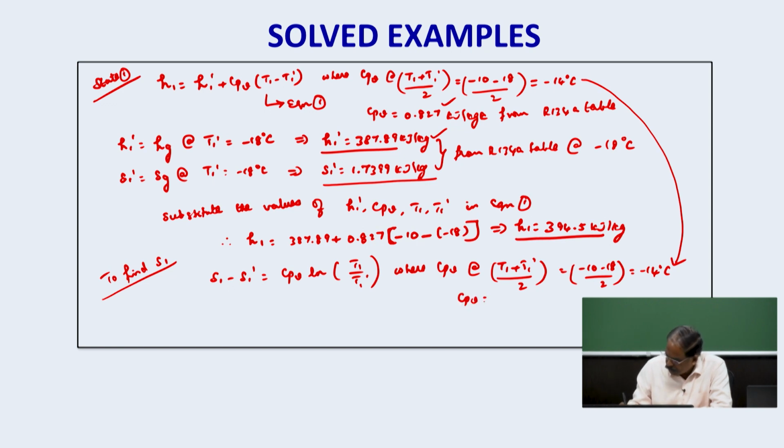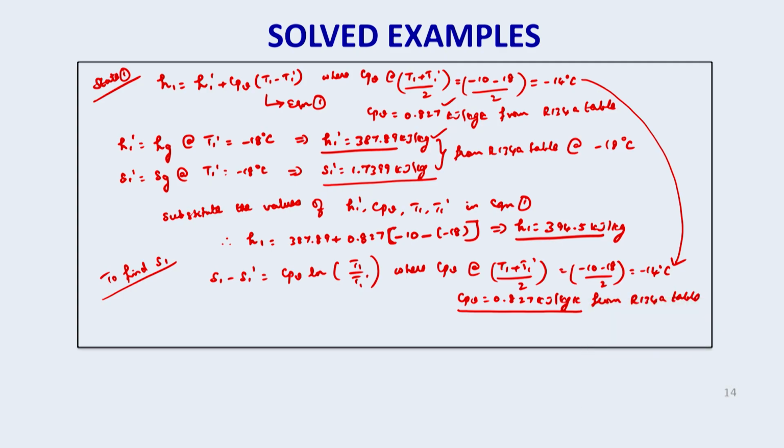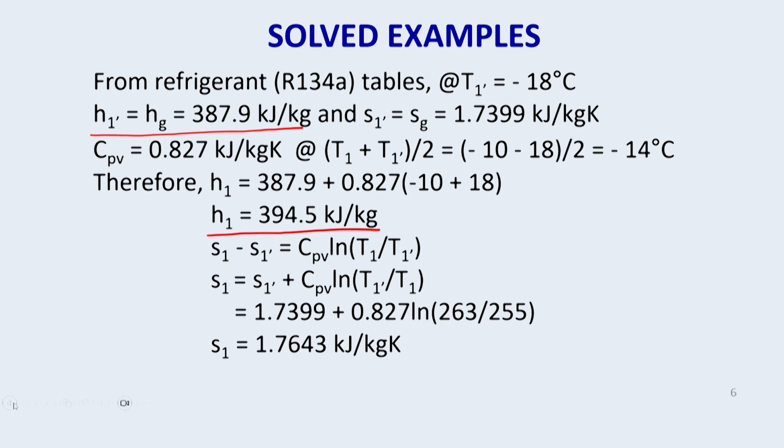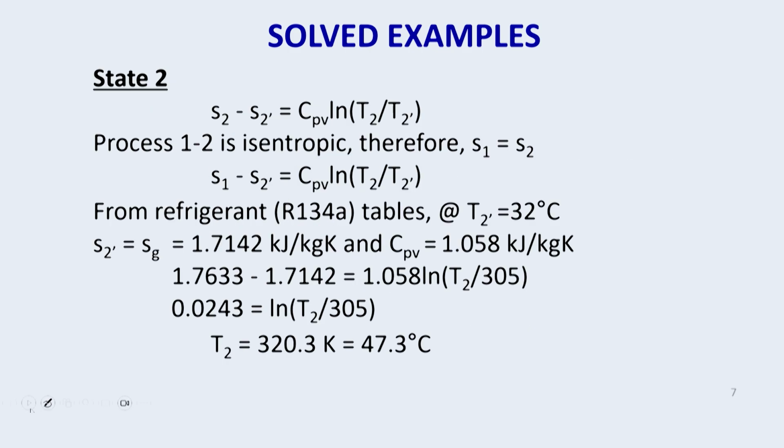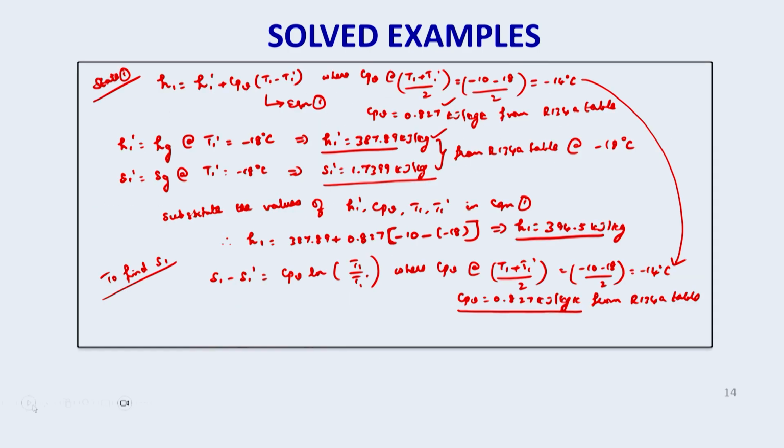Cp of vapor is the same value, 0.827 kilojoule per kg Kelvin from the R134A table. So using S1 minus S1 dash equal to Cp of vapor into ln of T1 by T1 dash, we can find the entropy at state point 1. This will be equation number 2.